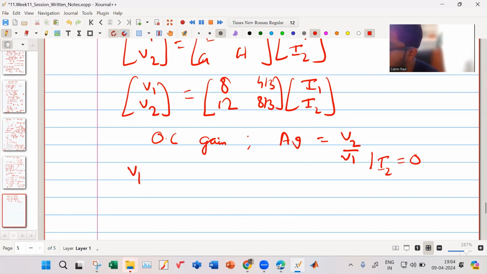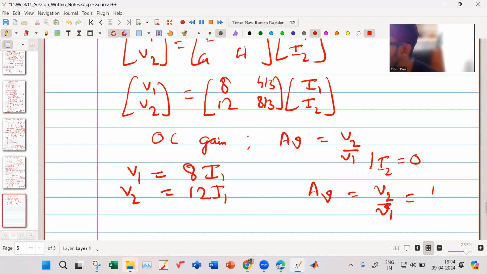I will get V1 is equal to 8 into I1. My V2 is equal to 12 into I1. So my voltage gain, which is equal to V2 upon V1, is equal to 12 by 8, which is how much? 3 by 2, 1.5. Any queries in this?